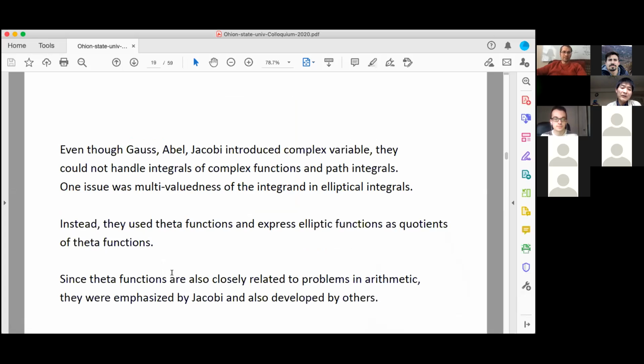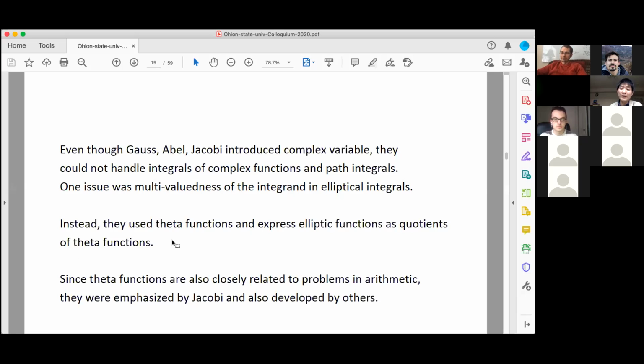Now, even though Gauss, Abel, and Jacobi all introduced complex variables, it was more formal. They could not handle integrals of complex functions and path integrals. One issue is that the integrands are not well defined, multivalued. So they didn't really use the complex integrals we are familiar with. They used the theta functions and expressed elliptic functions as quotients of theta functions.